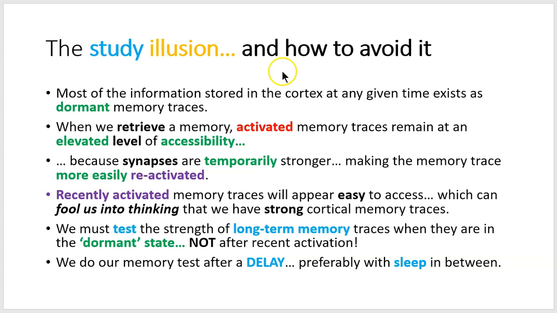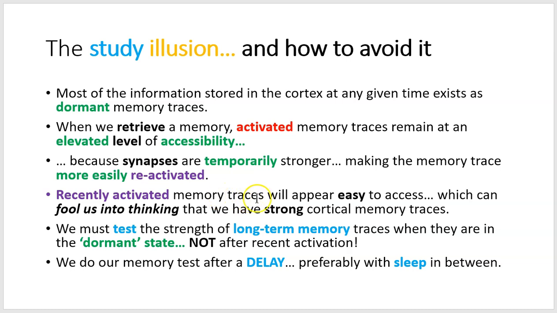The study illusion and how to avoid it. Most of the information stored in the cortex at any given time exists as dormant memory traces. As we said before, a memory is a pattern of strengthened synapses as a result of a learning episode. When we retrieve a memory, activated memory traces remain at an elevated level of accessibility because synapses are temporarily stronger, making the memory trace more easily reactivated.